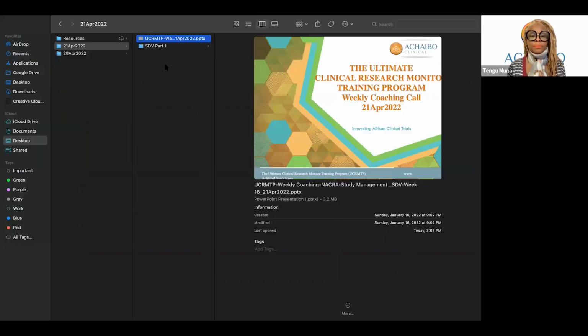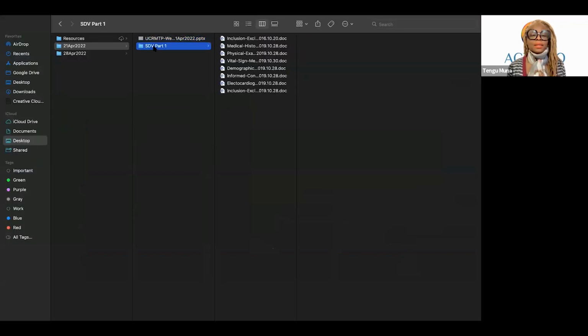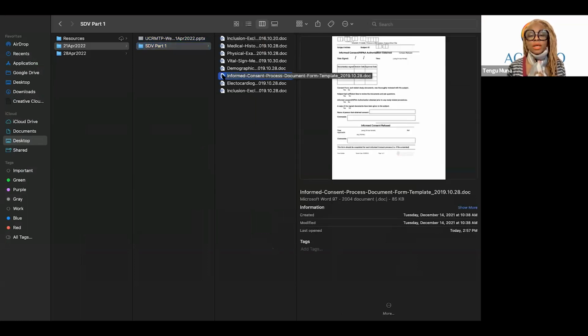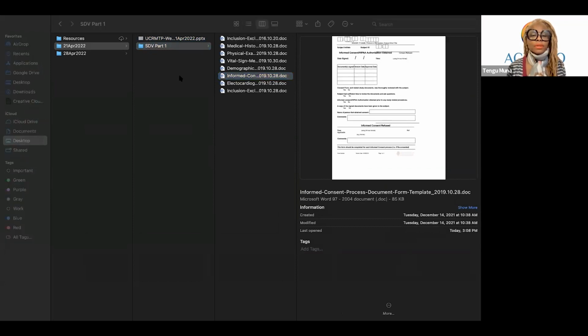Fantastic. So here we are. I want to start with the informed consent source document so that you guys can see that. That's the first thing I want to start with, because it's a really good one.